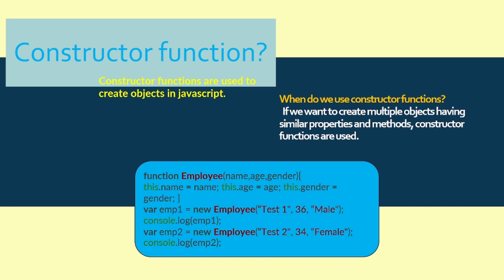So in var emp1 I am creating the first object by passing test1, 36 and male. So these are the parameters for this object. In the second variable, employee2, I am creating the second object of the same type employee by passing different parameters like test2, 34 and female. So in this way you can create multiple objects through a constructor.